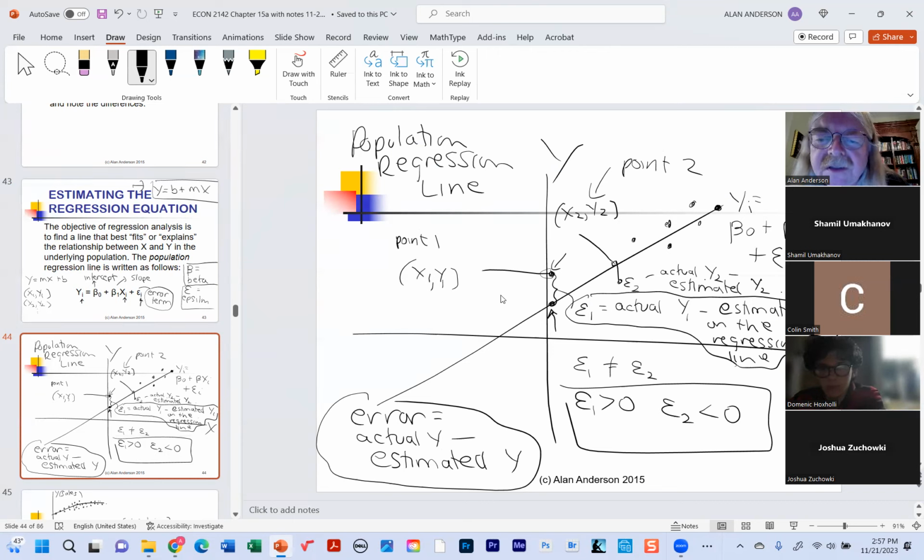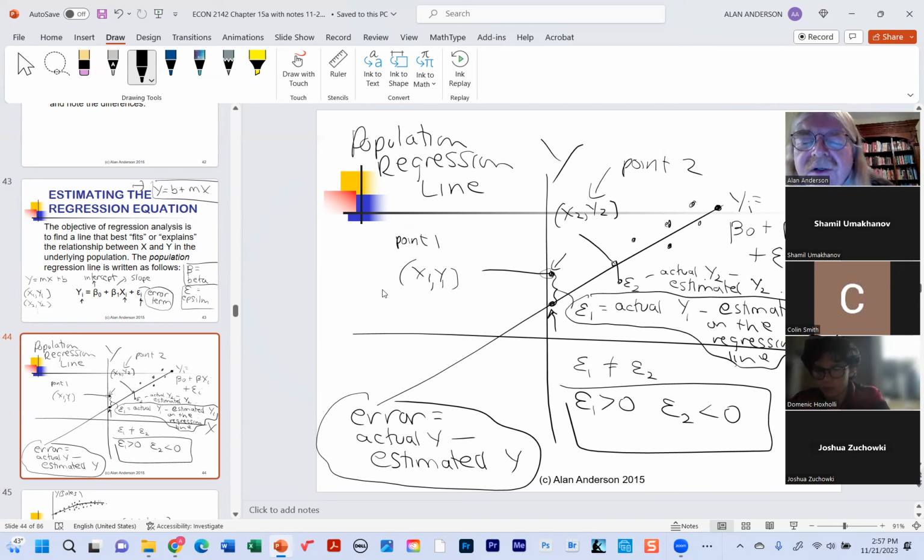The vertical distance between the actual value of y and the estimated value of y is what we mean by our error term. And we're going to call it epsilon 1 because it corresponds to the point x1, y1. So the indexes are there to keep track of which is which.